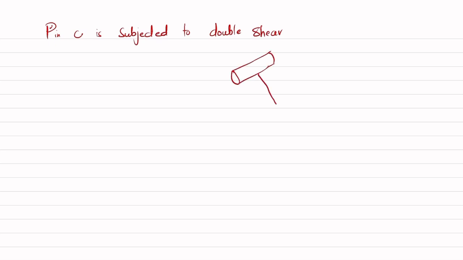First I will write, it is given that pin C is subjected to double shear. So if I draw this pin like this, clear? This FBC was like this. This is FBC, which is 8 kilonewton.